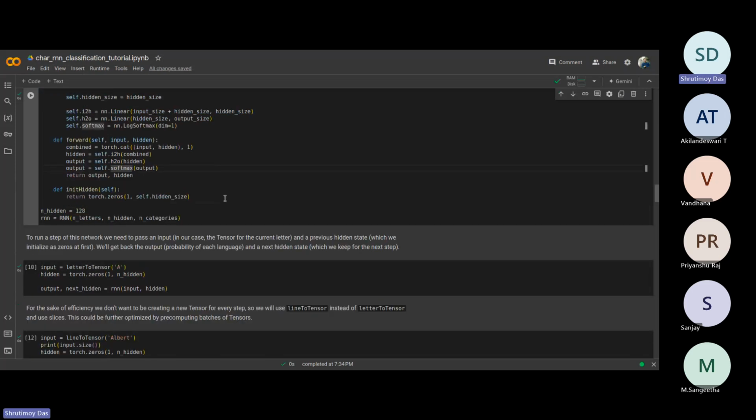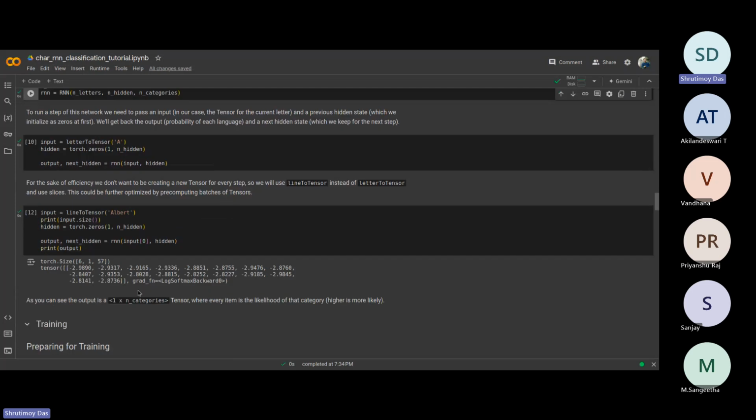There is something called a grad function, which is equal to log softmax backward. It says that the vector you see is the output of a log softmax function. That is, you have the softmax function, you take a log of it, and the gradient that we want is given by this function log softmax backward.